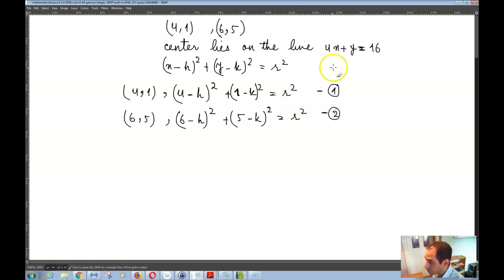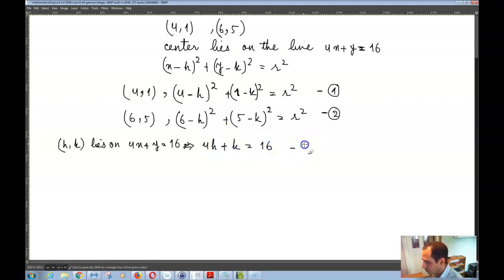And of course I know that the center of the circle lies on this line, that basically h comma k lies on 4x plus y is equal to 16. So therefore I can write 4 times h plus k is equal to 16. Call this equation number 3, for example.